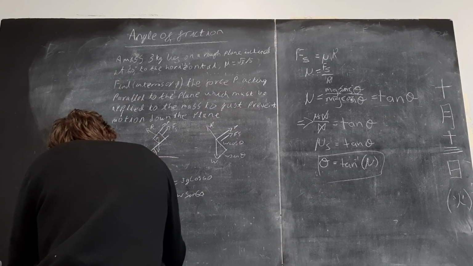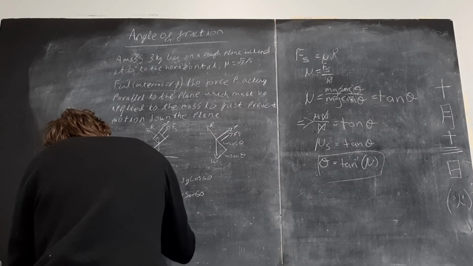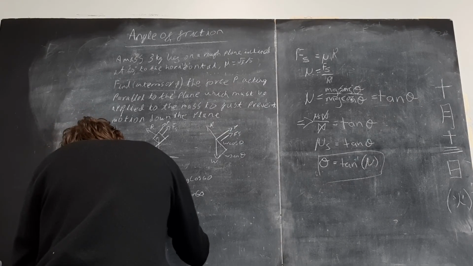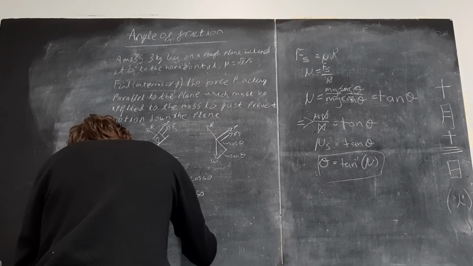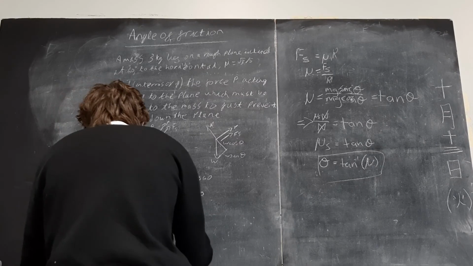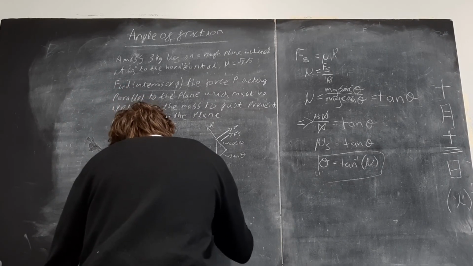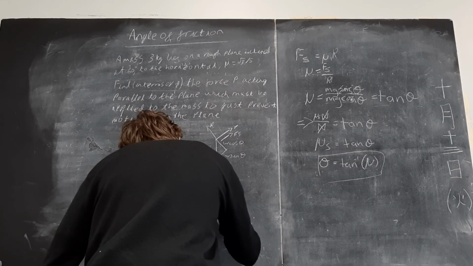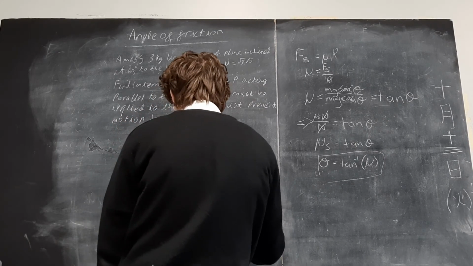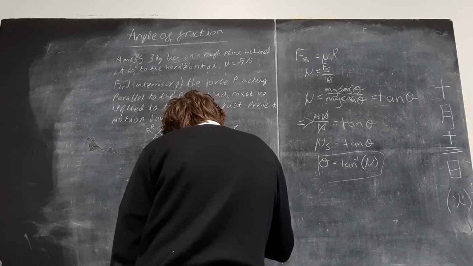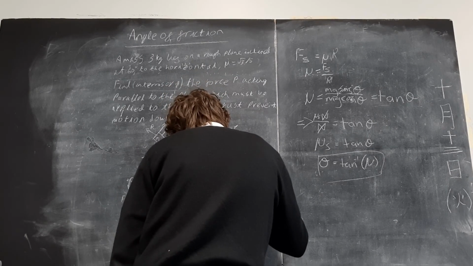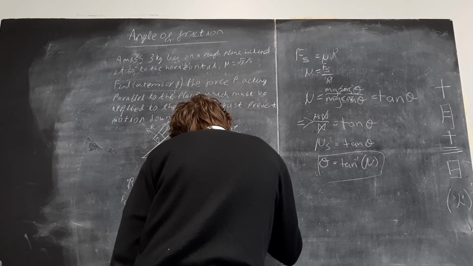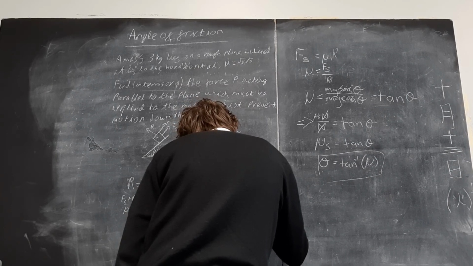So, P is equal to W sin 60 take Fs, which is then W sin 60 take mu times the 3g cos 60.